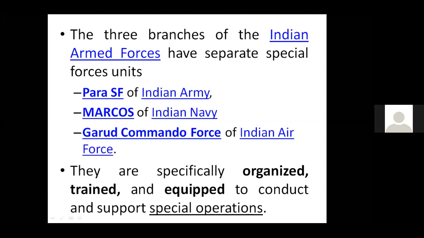Let's consider, as we have started, the three branches of the Indian Armed Forces, which have separate special forces or units. So Para Special Forces for the army. This further has different kinds of troops. Para itself is divided into nine different complete battalions, right?